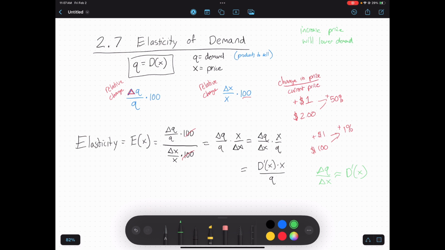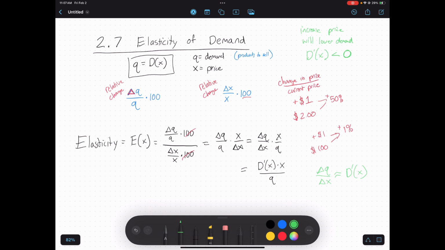So a demand equation will always have this negative relationship: if you increase one variable, the other variable is going to decrease, which means that D prime of x should always be negative. Because, once again, whenever you increase the price, the demand's going to go down. If you ever decrease the price, the demand's going to go up. It always has that inverse relationship.